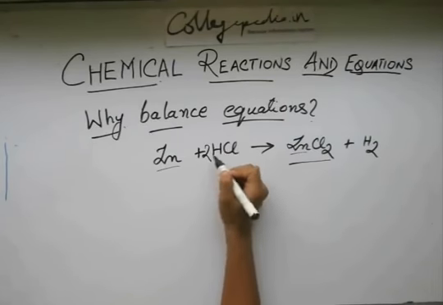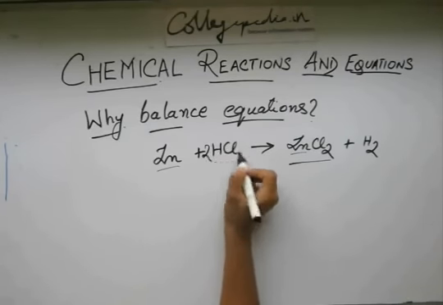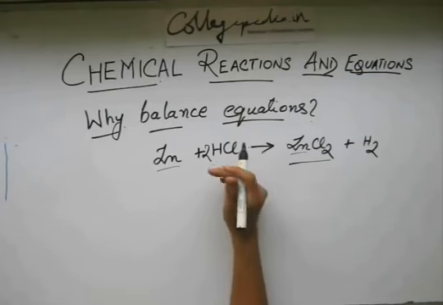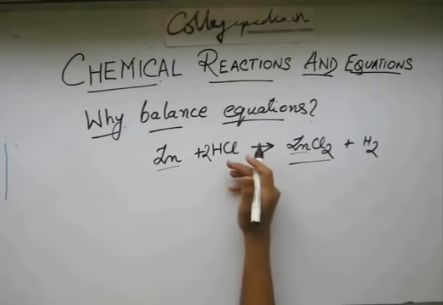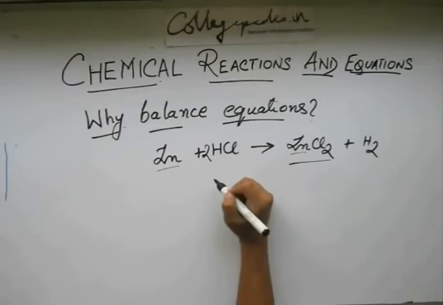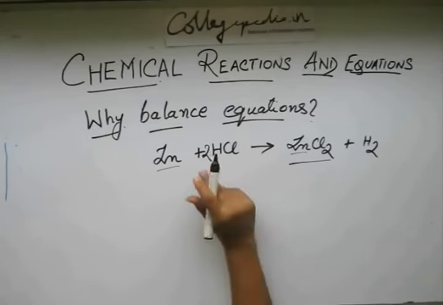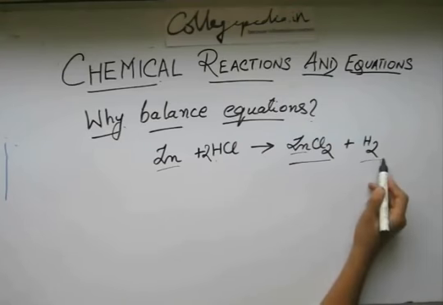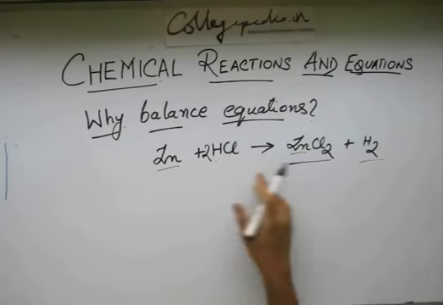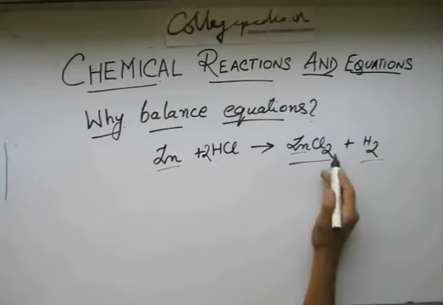But remember that when you multiply chlorine with 2, hydrogen also automatically gets multiplied with 2, since the whole molecule is, you take 2 molecules of HCl. So you have 2 hydrogen atoms also. So 2 hydrogen atoms on this side, and on this side there are also 2 hydrogen atoms. So hydrogen automatically gets balanced along with chlorine.